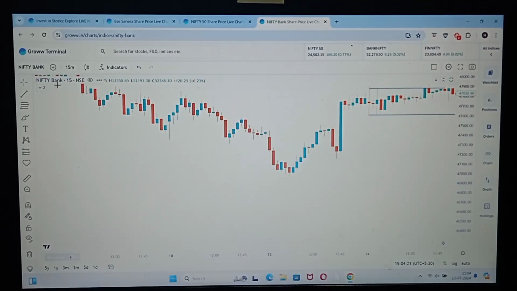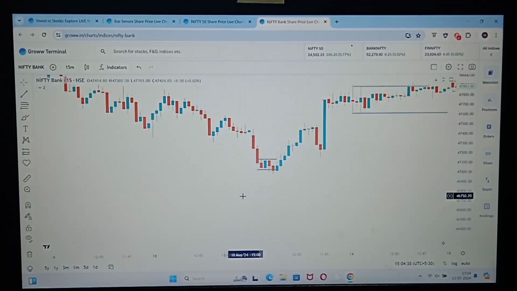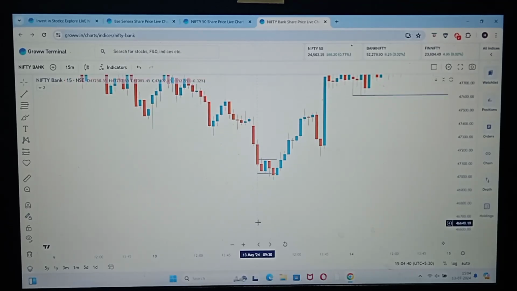9:45 candle. We'll be marking high and low of the 15-minute chart. You can clearly see the 9:45 candle. After that, the next candle is an inside candle, again inside, again kind of inside. So here at 9:30 a downside trade is there, a scalping trade, a small one, but I won't recommend it.